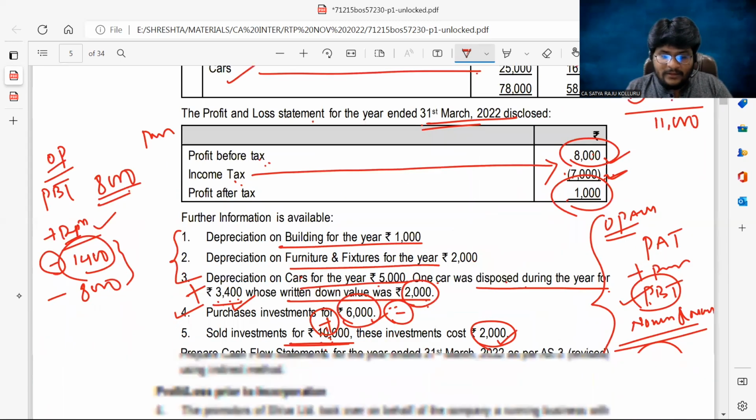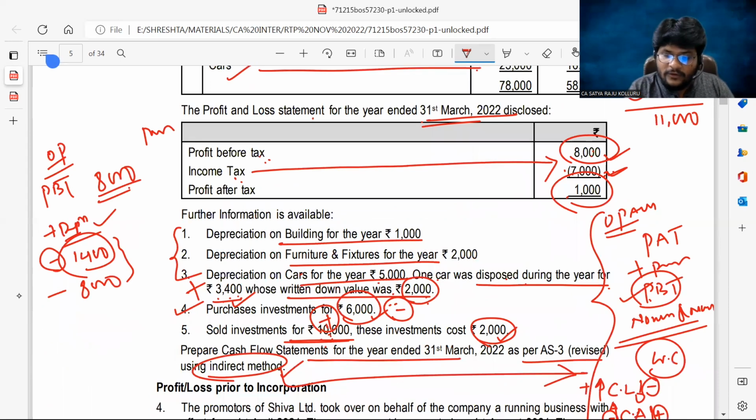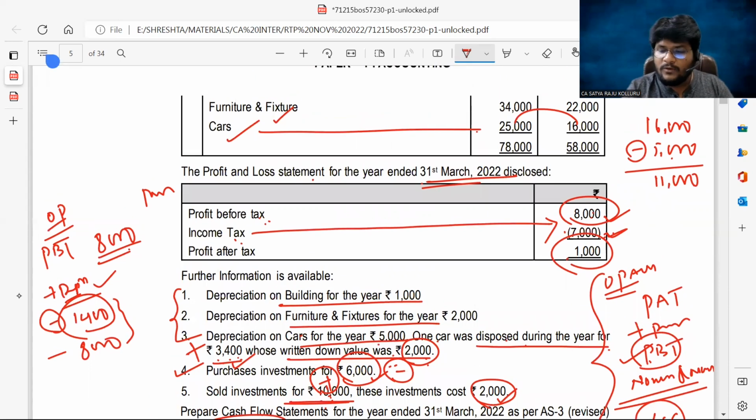Apart from that, one car was also disposed, which was 2,000, so minus 2,000. That means 9,000 is the WDV at the end of the current year before providing the depreciation.